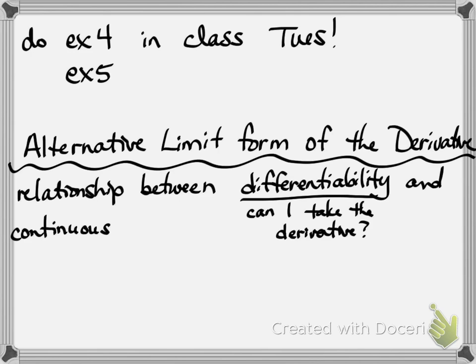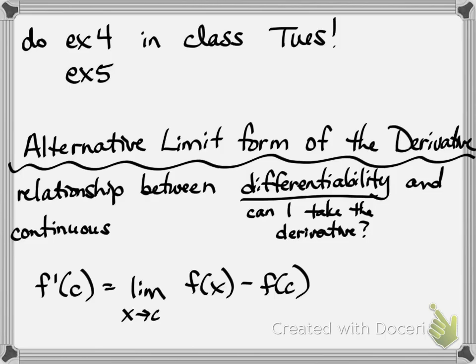All right, so then we could use this alternative form of the derivative, which is f prime of c equals the limit as x approaches c of f of x minus f of c all over x minus c.